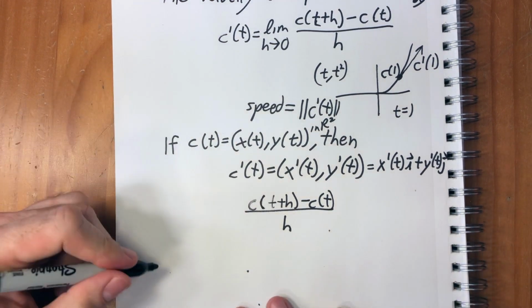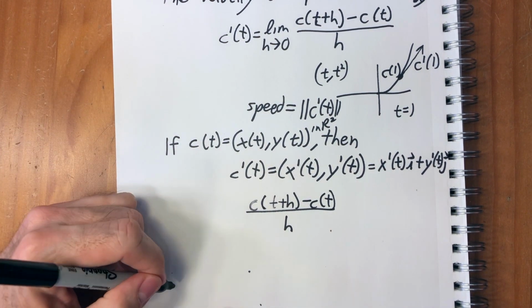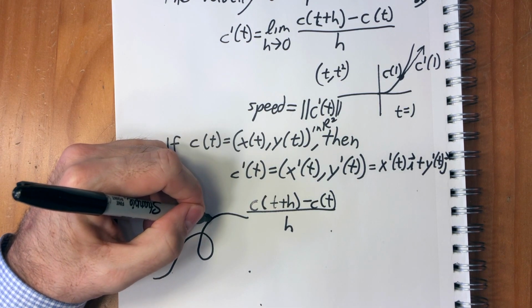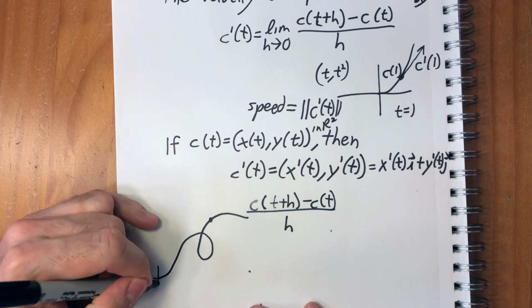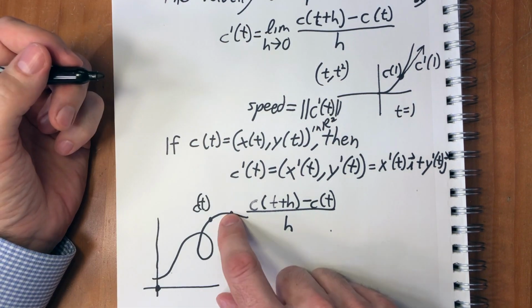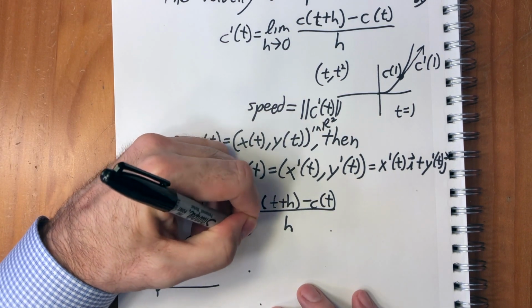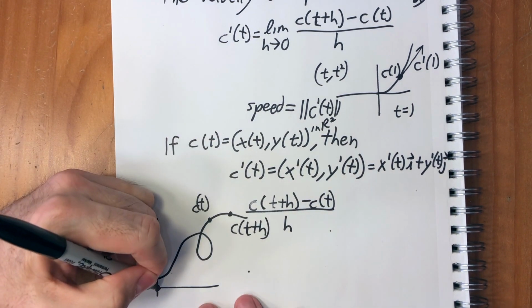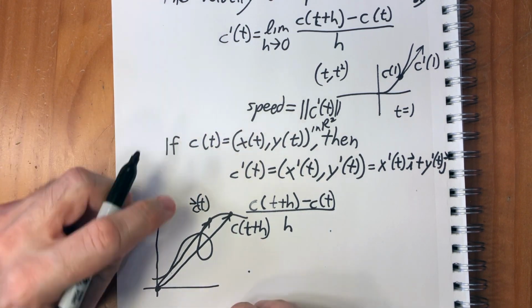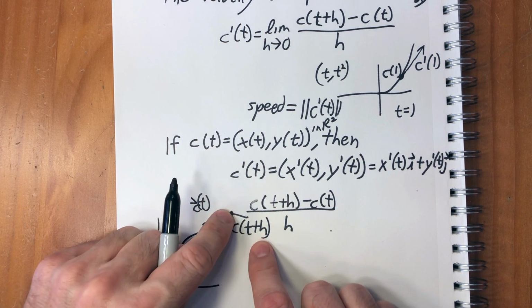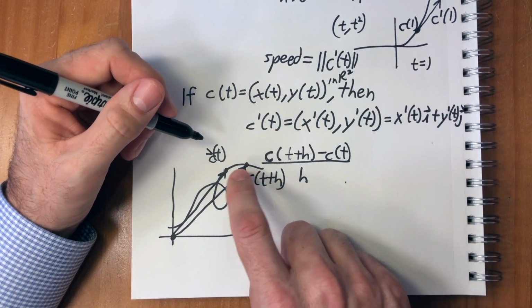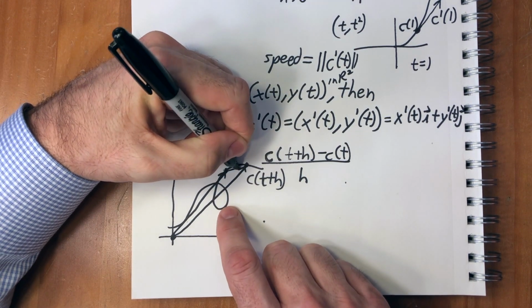So if you had some graph here, and we want to know the velocity vector at that point, and down here is 0. Let's say this is c(t), and this is c(t+h). So we have two vectors here: the vector c(t) and the vector c(t+h). If we subtract this one from this one, that is the vector that goes this way.